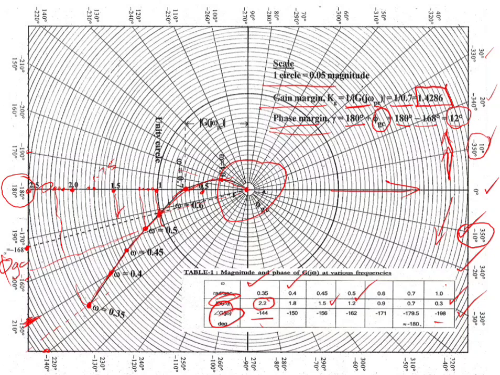After marking, the locus cuts in two different places, the unit circle and the 180 degree line. The unit circle gives the gain crossover frequency, and the 180 degree line gives the phase crossover frequency magnitude. Based on that, we determined the gain margin and phase margin, and this is the result: 1.4286 is the gain margin, and 12 degrees is the phase margin.